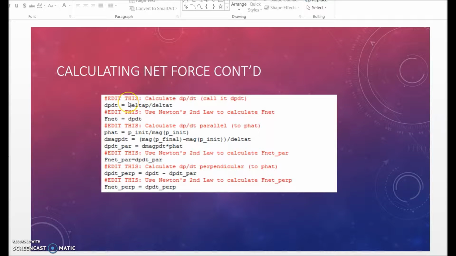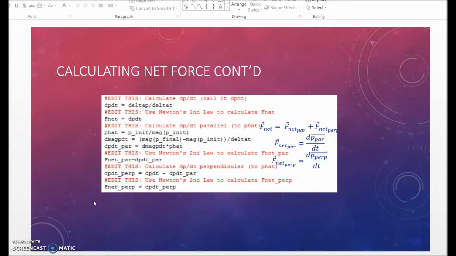The momentum principle states that F net equals the change in momentum divided by the change in time. I first calculated dp/dt parallel by first finding the direction of momentum, p hat, and then finding the magnitude of dp/dt, knowing that the dp/dt magnitude equals the magnitude of the change in momentum divided by delta t. I multiplied the two in order to get my dp/dt parallel.